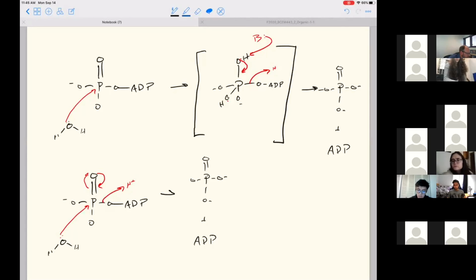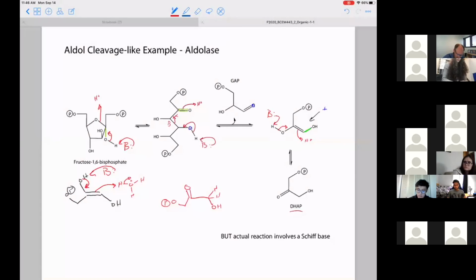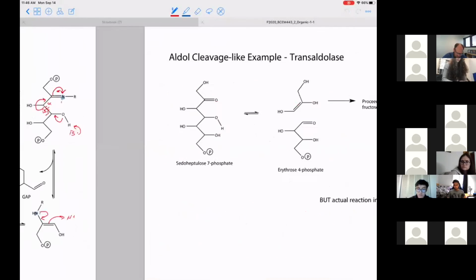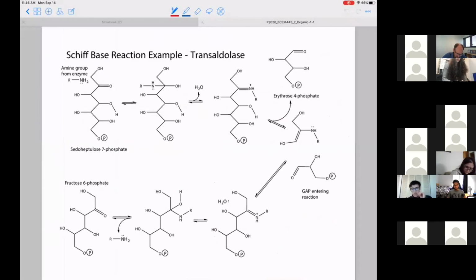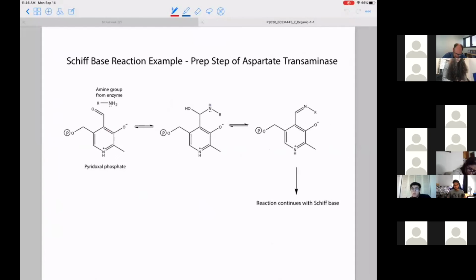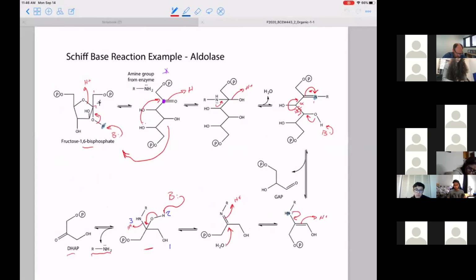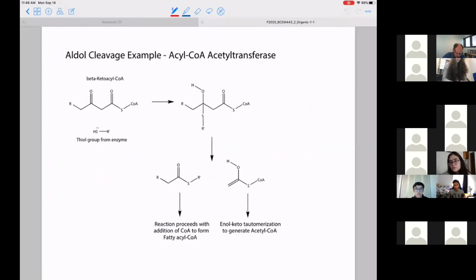Other questions? In the ornithine transcarbamylase reaction, wouldn't the phosphate be a better electrophile compared to the carbonyl? Okay, good question from COSAR on the ornithine reaction. I think that was in our example set. Where is that?